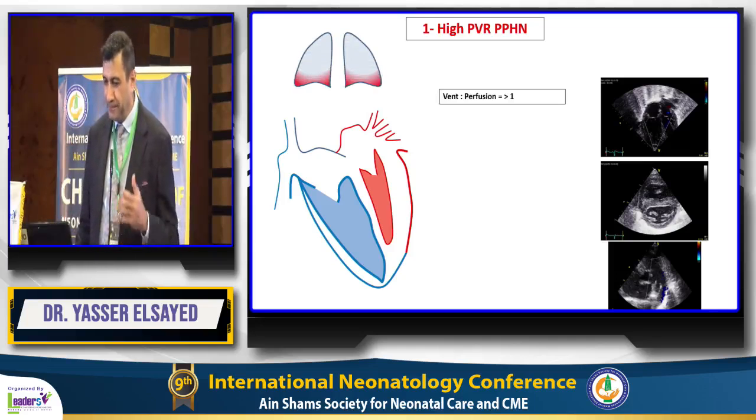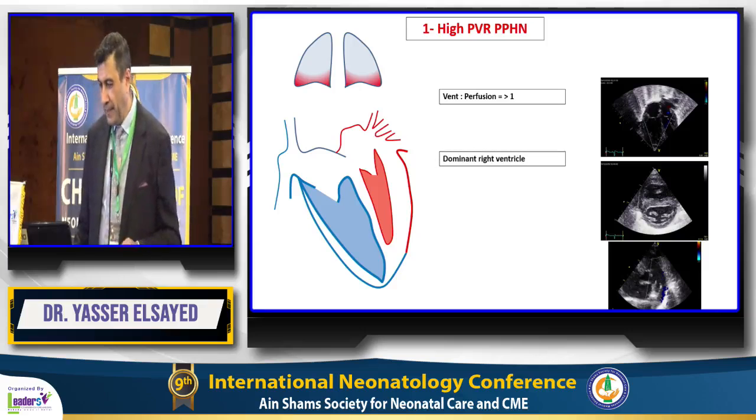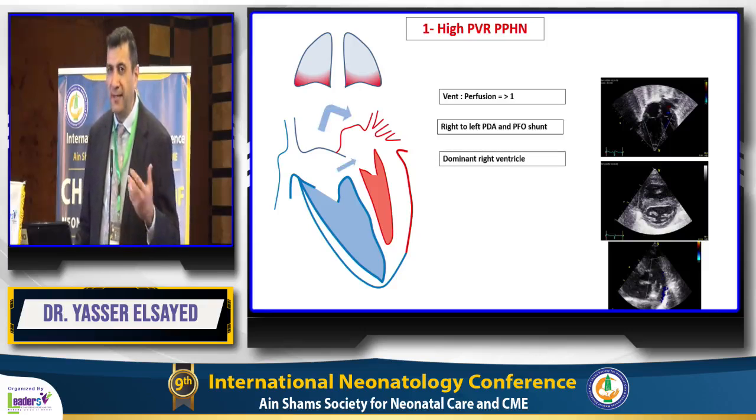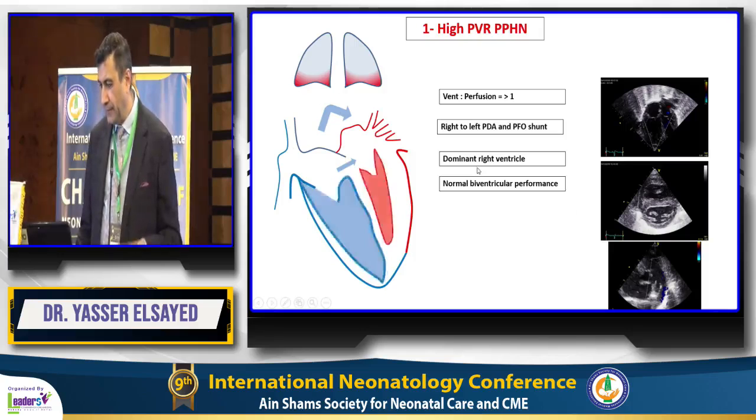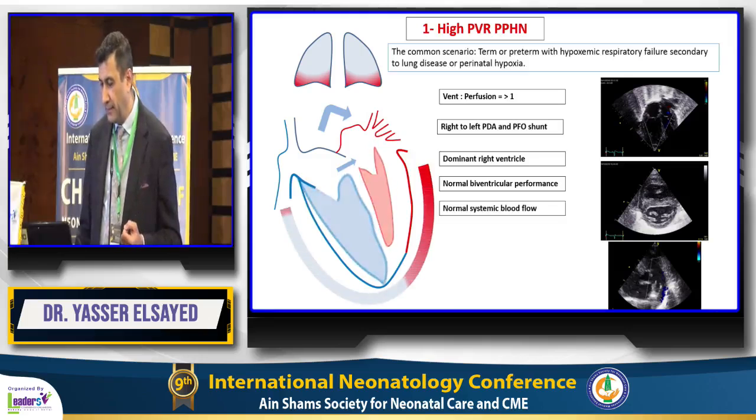So we have high pulmonary resistance, and they have more ventilation and less blood because the blood is restricted by the high resistance. You have a dominant right ventricle, so the apex is made by the right ventricle, and you have right to left shunt instead of left to right through the patent foramen ovale or PDA. In this phenotype, you have normal biventricular performance, although the right ventricle is under strain due to the high resistance, and normal systemic blood flow.